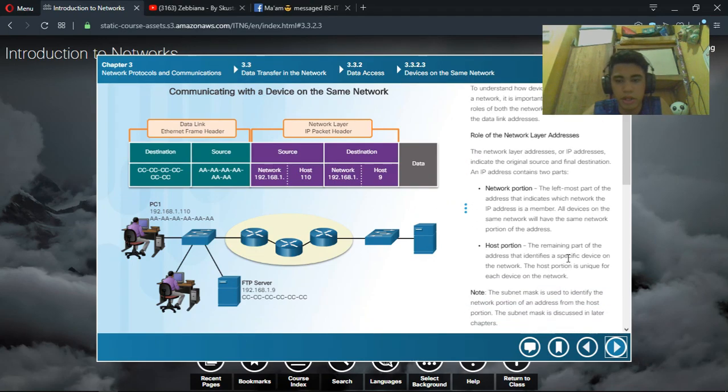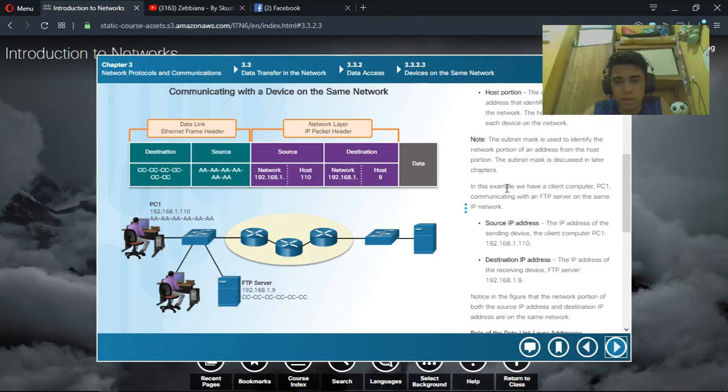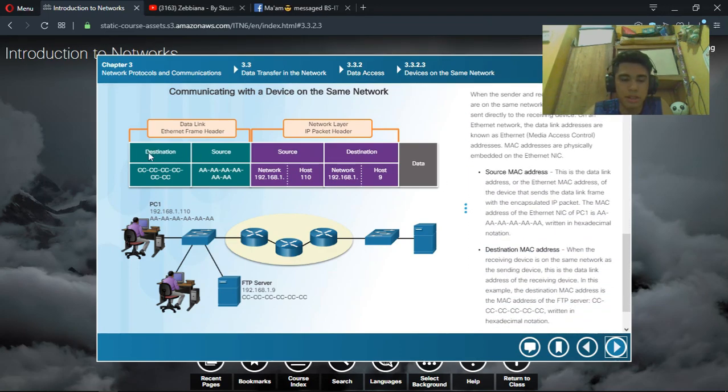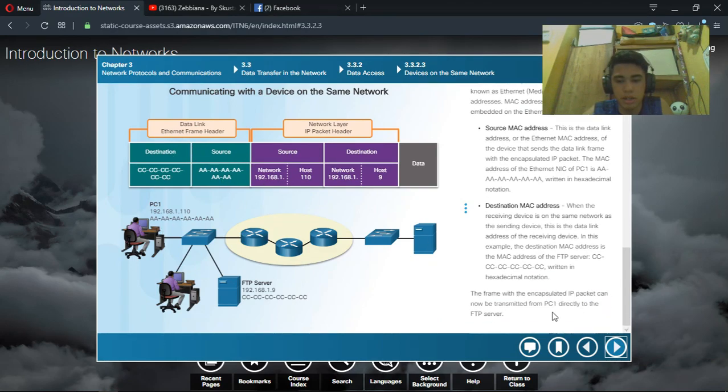In the network layer address, the leftmost part is the network portion, and this is the host portion. The source IP address is here, and we're going to send a message here. The source MAC address is here, and the destination is there.